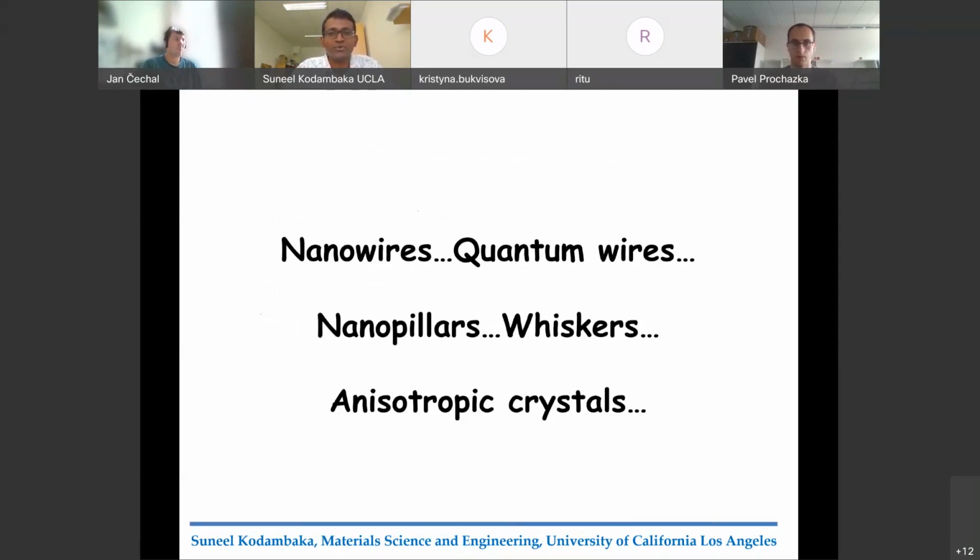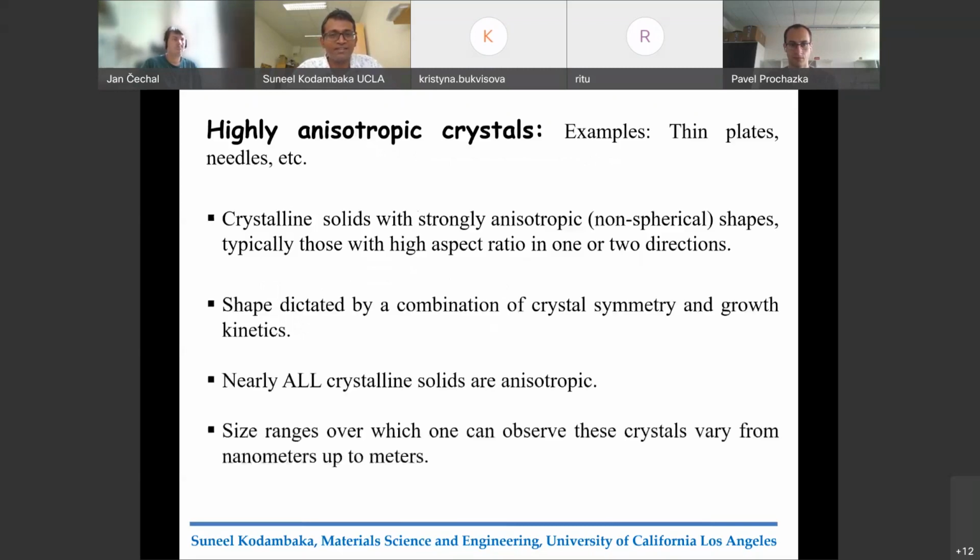You may have heard of nanowires, quantum wires, pillars, whiskers, and if you're old, then you may even have heard of the term anisotropic crystals. Basically, these are all highly anisotropic crystals, meaning that anything that doesn't have a spherical shape is anisotropic.